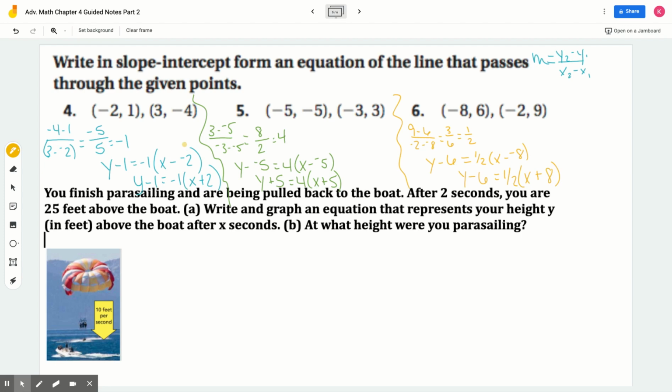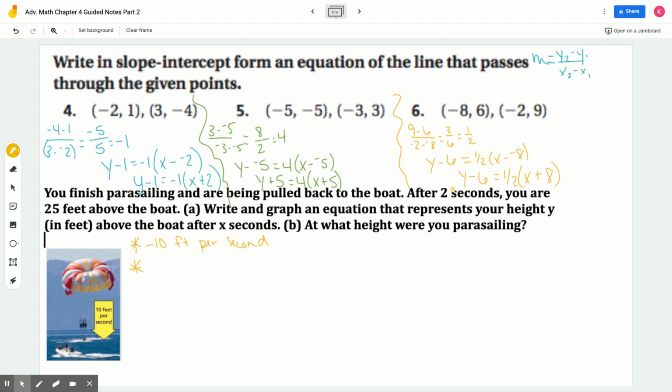So we know a couple things. The first thing that we know is from the picture. We are falling 10 feet per second. If we're falling, we're going down, so that is a negative 10. So we're going down negative 10 feet per second. The other thing we know is from the problem up here.